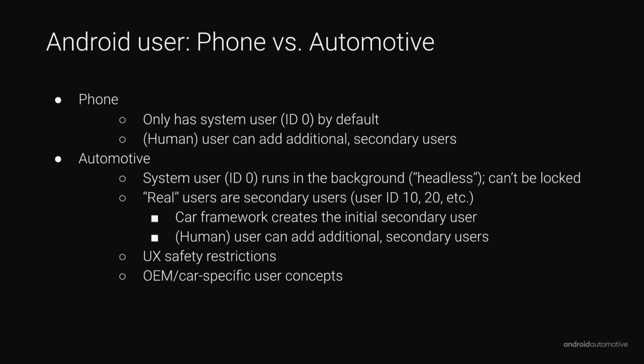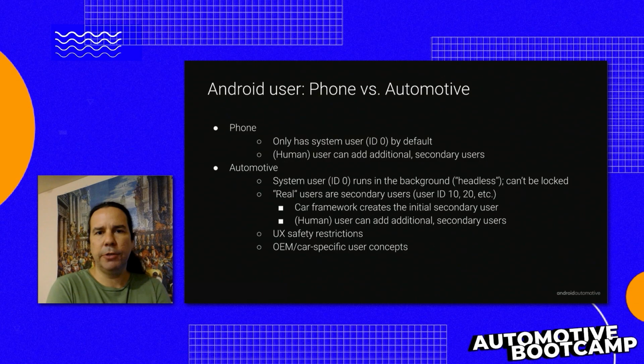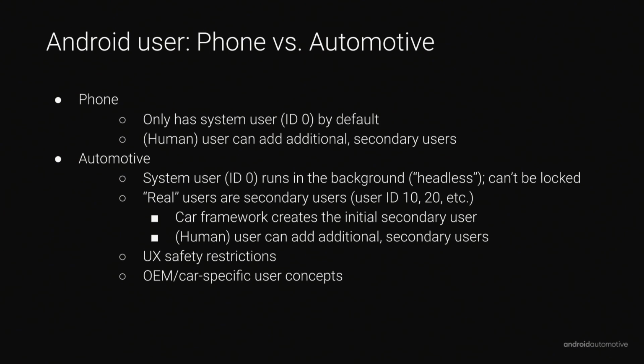This is a characteristic that only happens on automotive, because on automotive there are a lot of components running at the same time, while on a phone it's pretty much just one chip, just one device. This makes it a little bit harder for the platform to support multi-users, because these differences make it harder to run some other systems on Android on automotive. For example, there are a lot of systems like location or Bluetooth.